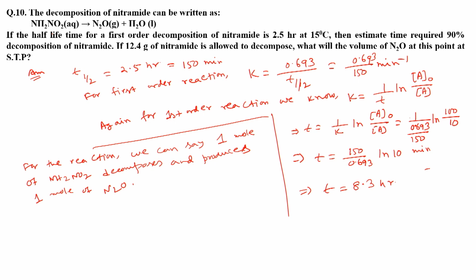So in the reaction you see 1 mole NH2NO2 gives 1 mole of N2O.